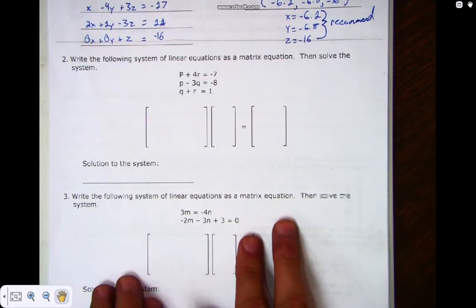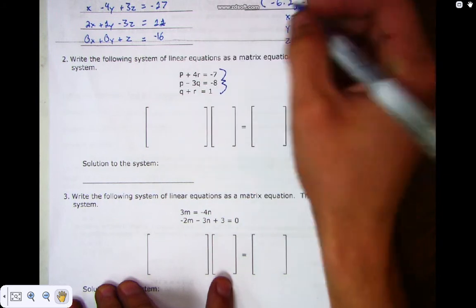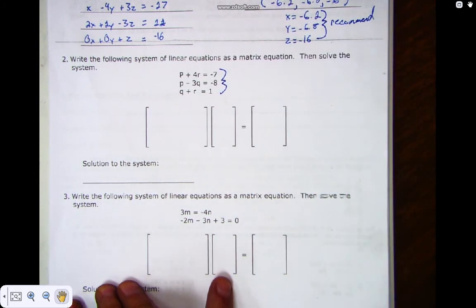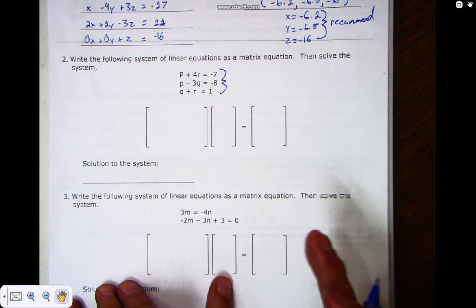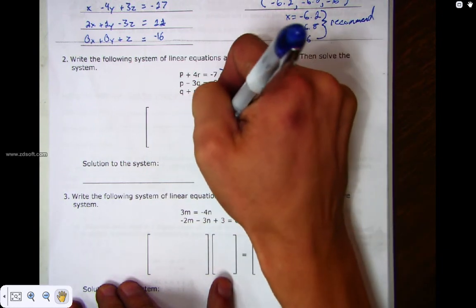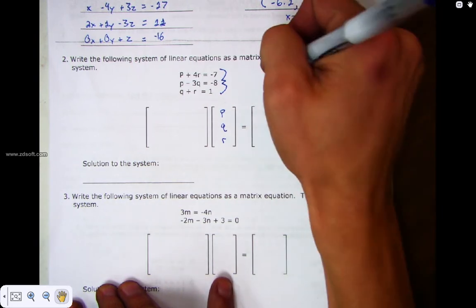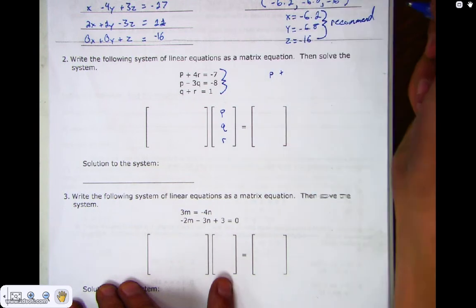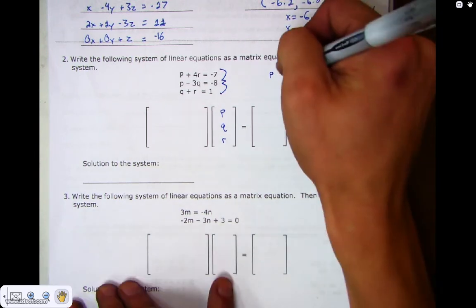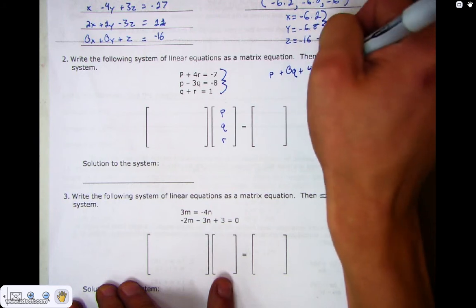A little bit more tricky. Now I told you guys in class, we're going to take a system of equations and we're going to write them as a matrix. We need to make sure all of our letters are lined up first, okay? So we have P's, we have Q's, and we have R's. Alright, so let's go ahead and put them in that order. P, Q, R. So P's on the left, Q's in the middle, R's on the right. So if we put them in that order, P plus, we don't have any Q's on the first equation, so 0Q plus 4R equals negative 7.